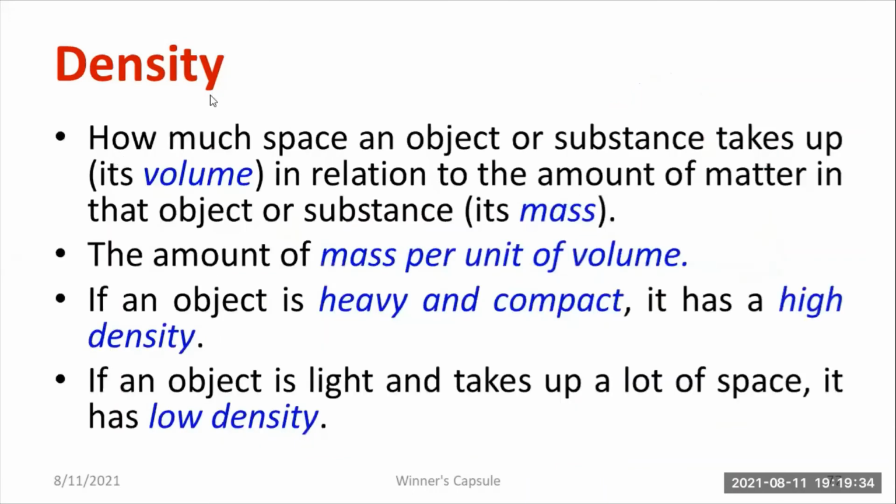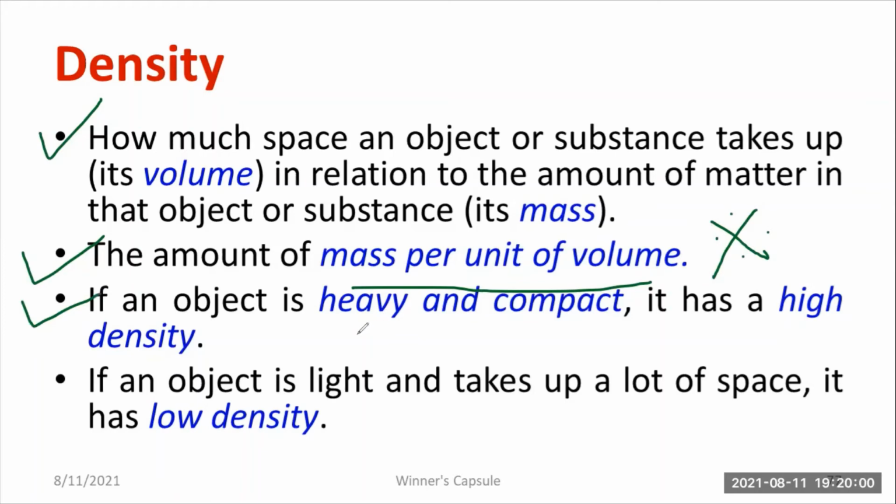Now let me discuss the definition. We have understood density, but we have to understand the definition. That is very important. How much space an object or substance takes up in relation to the amount of matter in that object or substance. Basically, it is the amount of mass per unit volume. This is a very important definition. Amount of mass per unit volume, that is called density.